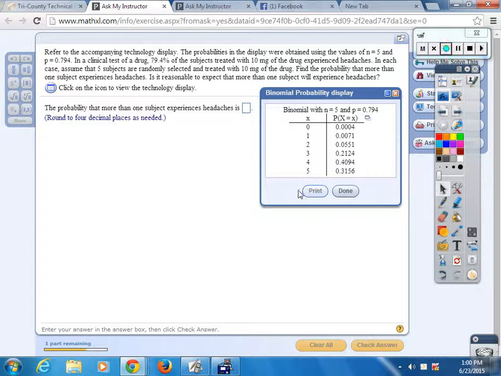So we've got the same type of problem. I want you to do it both ways so you'll know. Find the probability that more than one.